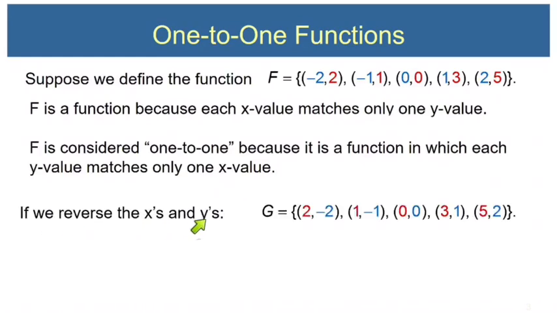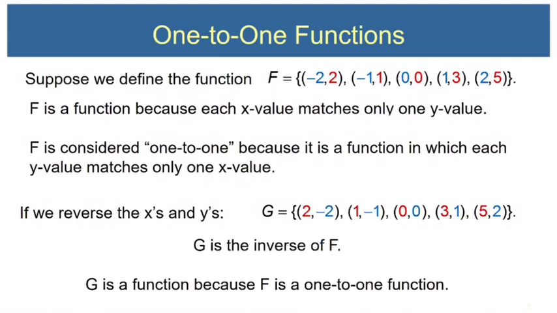Now if we reverse the x's and y's, we get a different function that we'll call g. If you reverse the x's and y's here, you get (2, -2). If you reverse these x's and y's, you get (1, -1). So function g is considered the inverse function of f, and g is a function because f is one-to-one.